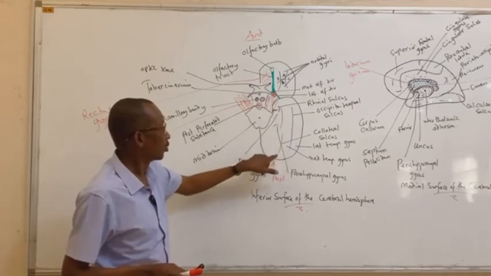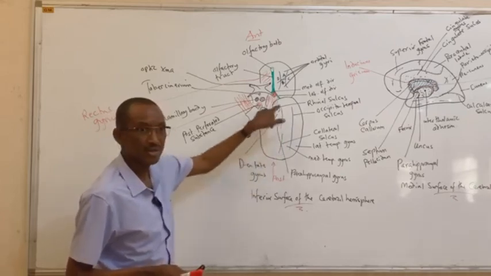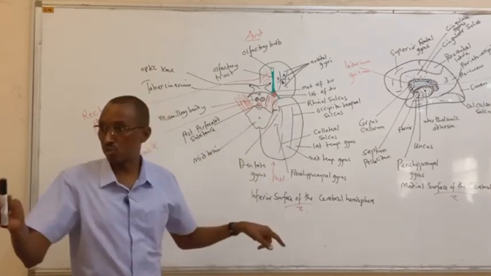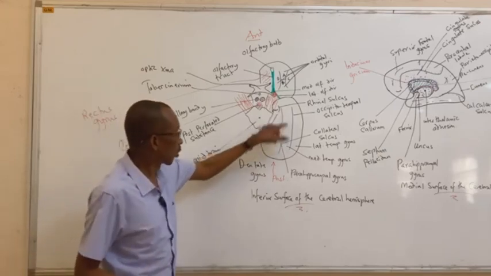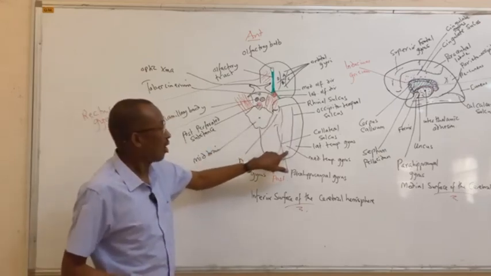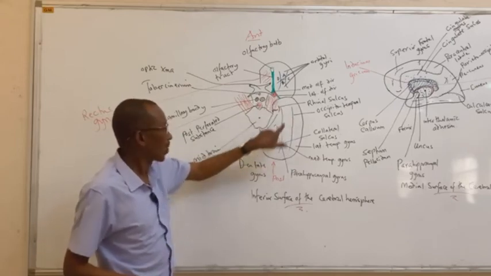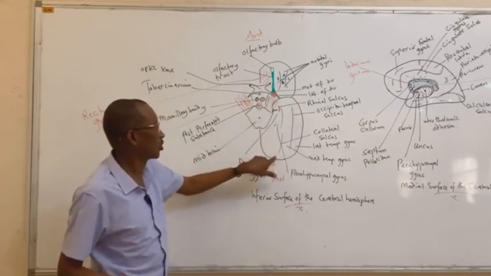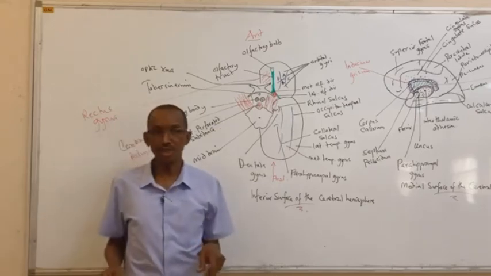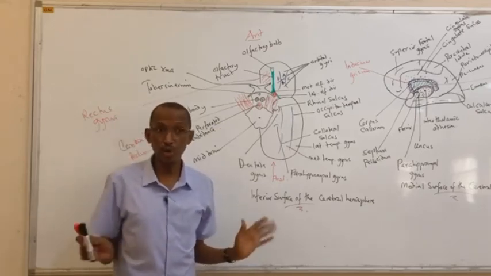And then you have what you call the collateral sulcus. In some textbooks, they call them lateral occipito-temporal sulcus and medial occipito-temporal sulcus. It all makes sense; either way you call it is the same.